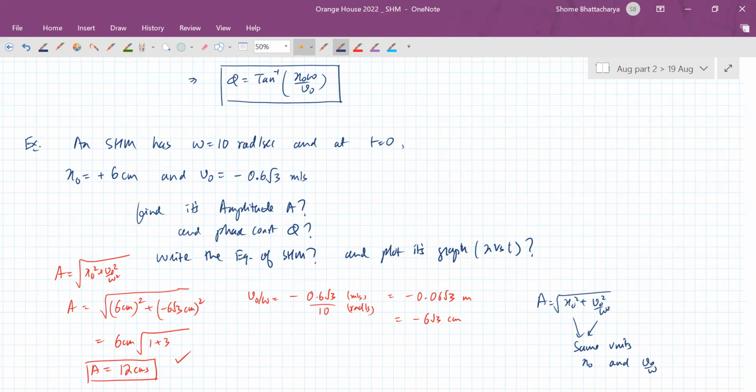So you have to convert: either convert x naught to meters or v naught by omega to centimeters. That is what I've done in this step here. I've converted this to centimeters. Hope the steps are clear now, both Varun Kumar and Varun Yadav.